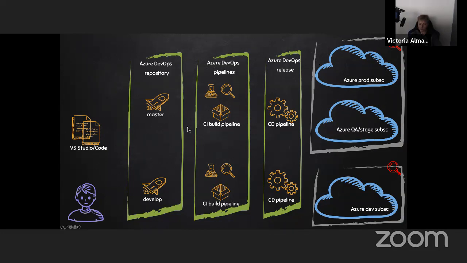And the regular development lifecycle is something like this. You develop the code, you create a separate branch like the develop branch, you push your code to the develop branch, which triggers the CI/CD pipeline. And if everything is fine, it goes to the development subscription.